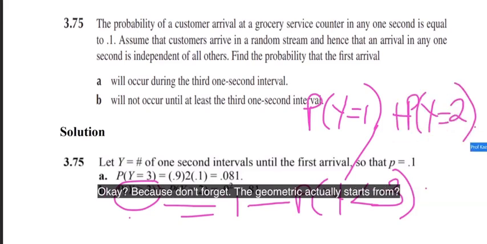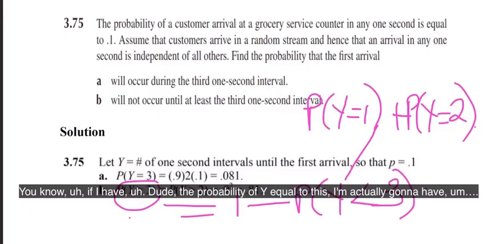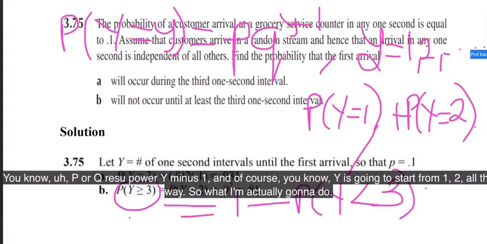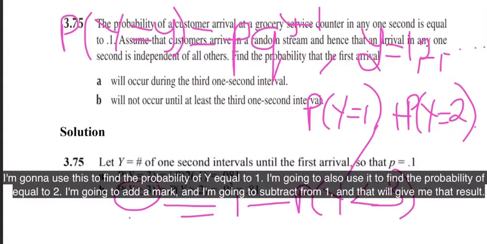Don't forget the geometric distribution starts from 1: the probability of y equal to this is p times q raised to power y minus 1, where y starts from 1, 2, all the way. So I'm going to use this to find the probability of y equal to 1 and also y equal to 2. I'm going to add them up and subtract from 1, and that will give me the result.